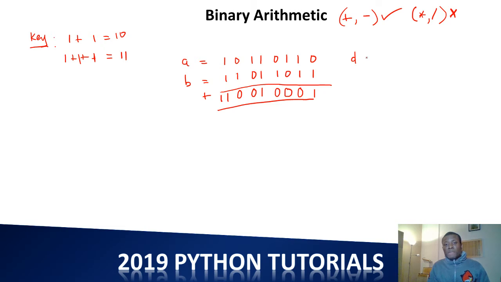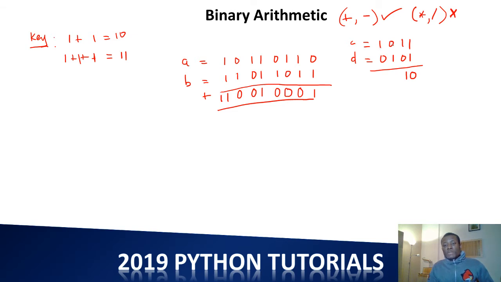So if C is equal to 1011, and D is equal to 0101, let's do a subtraction. 1 minus 1 is 0. 1 minus 0 is 1. 0 minus 1 is what? 0 minus 1 doesn't work. So we take 1 and put it here, and it becomes 10. Remember, 10 is 1 plus 1.